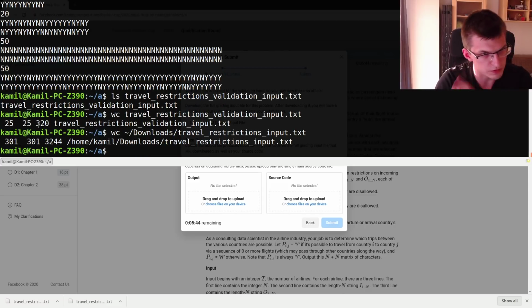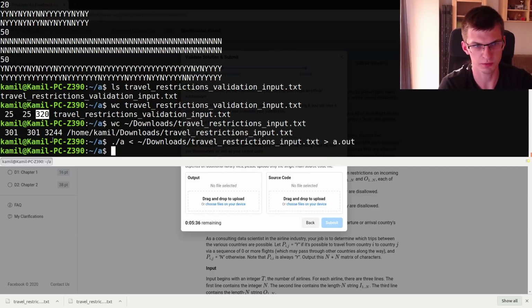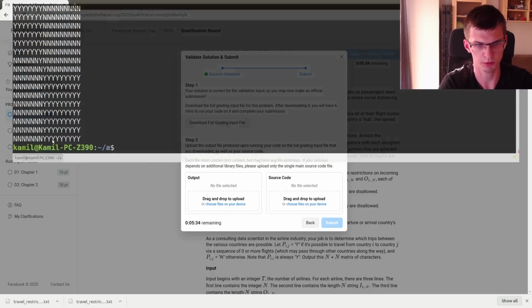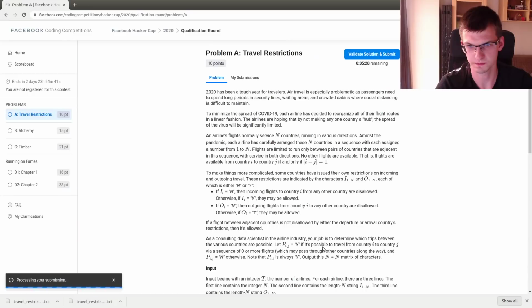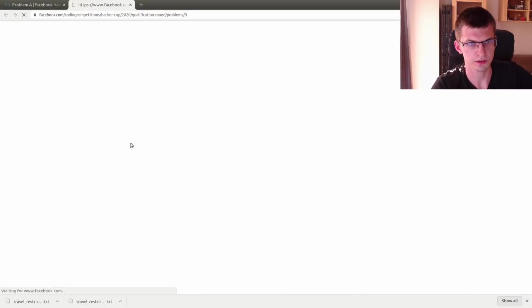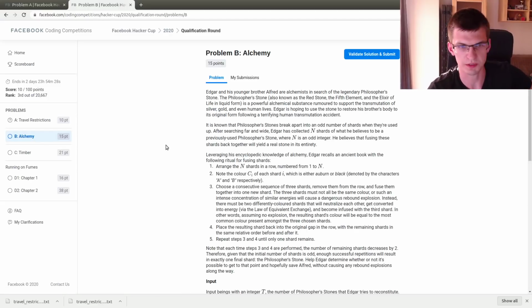Okay, so that was short, 300 characters input, and now this is bigger. I don't like this. It's easy to mess up which file is which. A out, a CPP. Maybe I will later read more about that. Processing submission, but let's read B already. I guess I should add timestamps later.